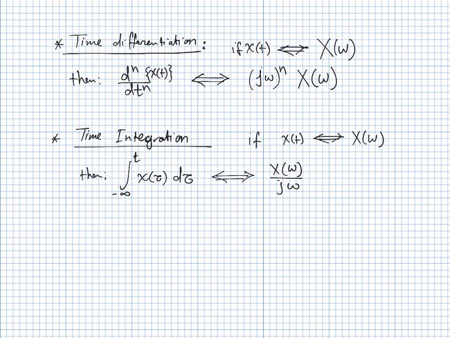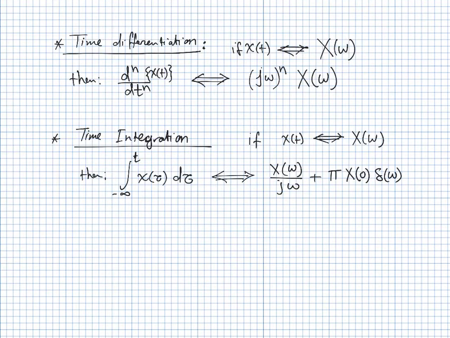When you differentiate, you multiply by j omega. When you integrate, you divide by j omega plus some strange term, which is basically pi multiplied by x, the Fourier transform of x of t at 0, multiplied by a delta function at 0.